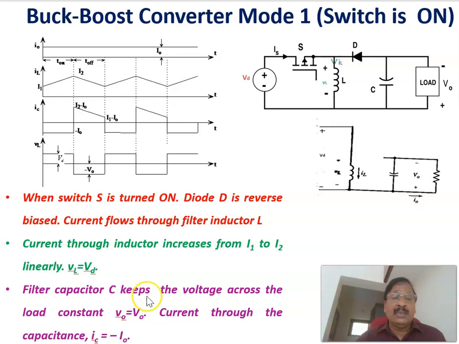The filter capacitance C keeps the voltage across the load equal to V0, so Vc, the voltage across the capacitor, is the same as the load voltage V0, and a constant current of minus I0 flows through the capacitor. Therefore, these are the parameters like voltage across the inductor, current through the inductor, current through the capacitor, as well as the load current when the switch is on, that is in mode 1.